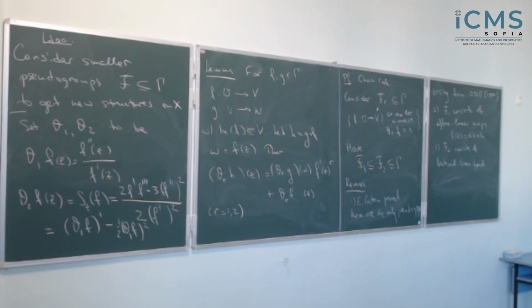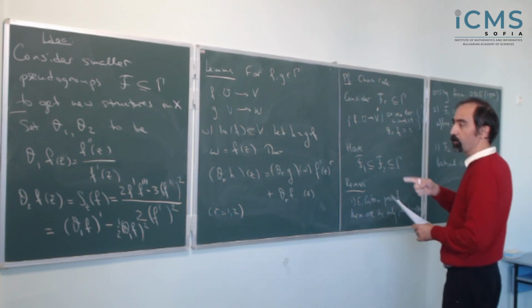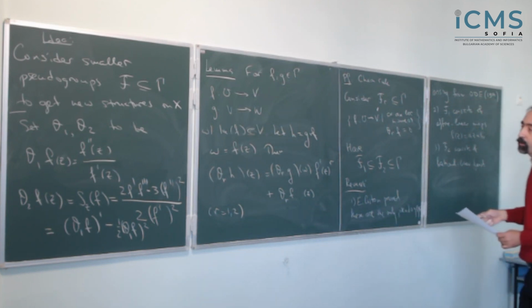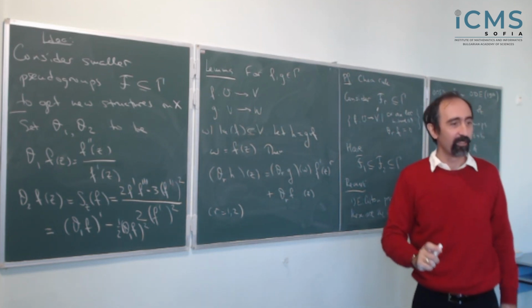The way you can see this is to rewrite the Schwarzian derivative in terms of the second derivative of the root, or minus the root.